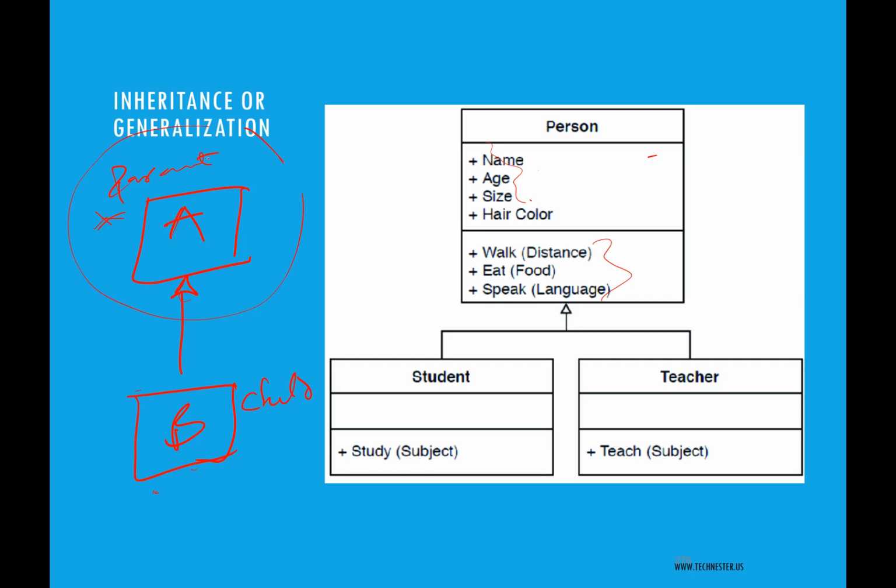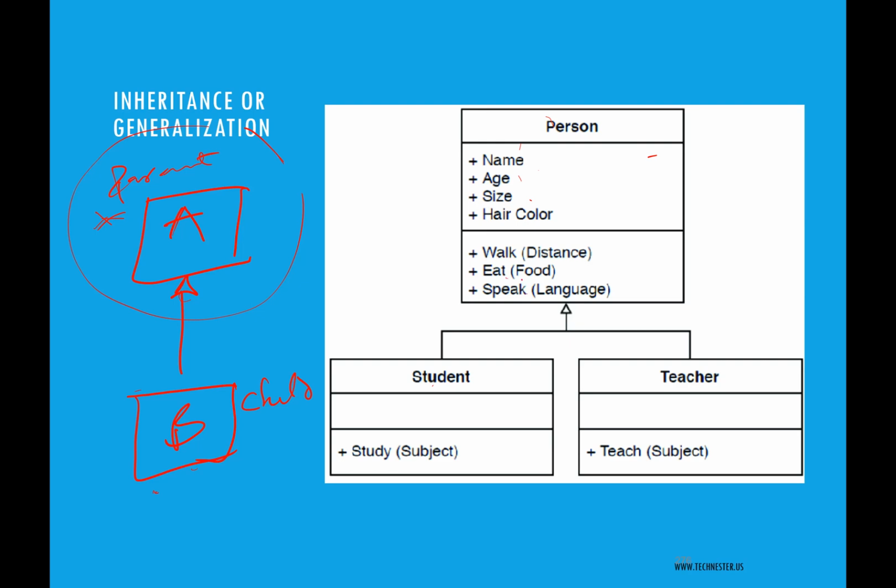And that's what you see here. What this means is the class student is a type of person, so everything on person is in student. Student will have name, age, size, and hair color, which is true. Students will be able to walk, eat, and speak.